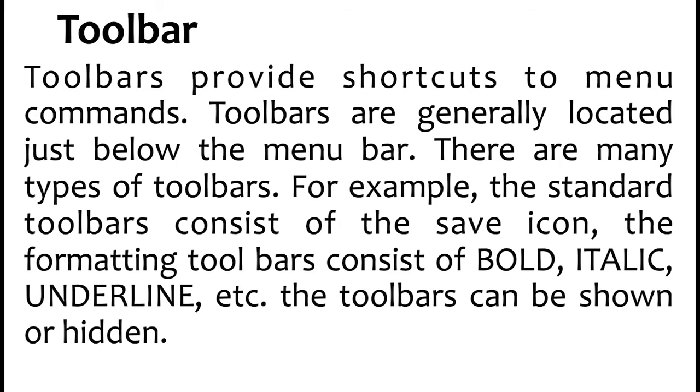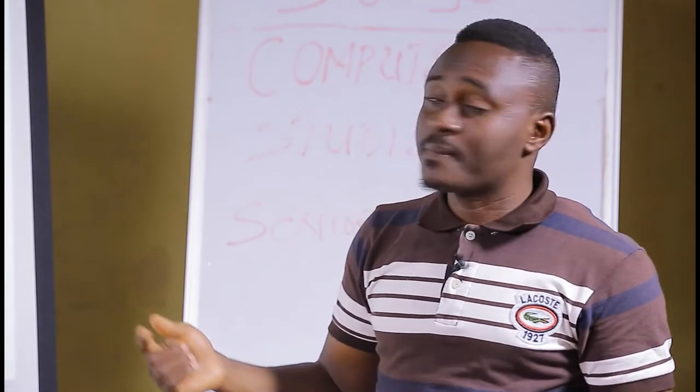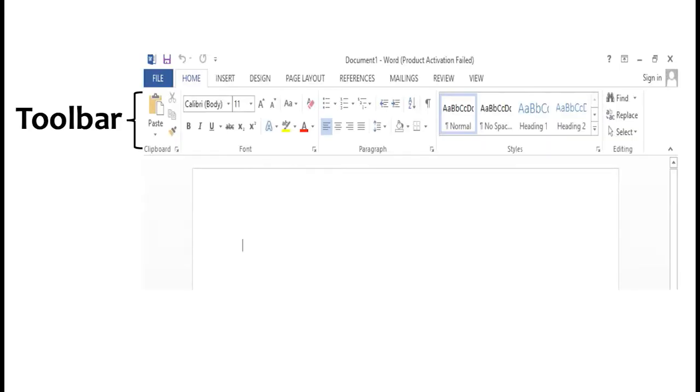The formatting toolbars consist of Bold, Italic, Underline, etc. The toolbars can be shown or hidden. So we can see from our diagram here, my viewers at home, this is the toolbar. The arrow there is pointing at the toolbar.